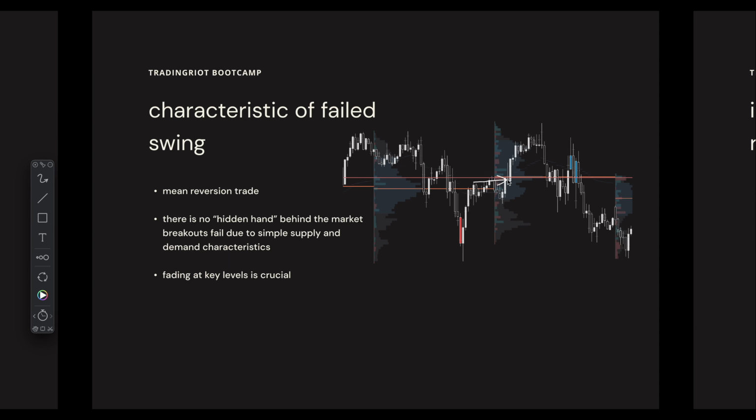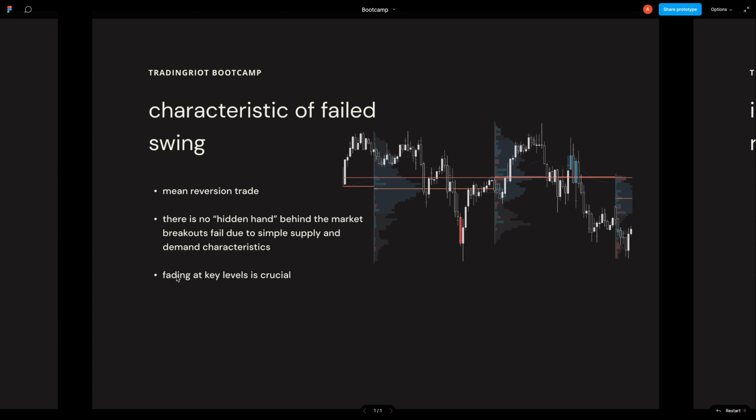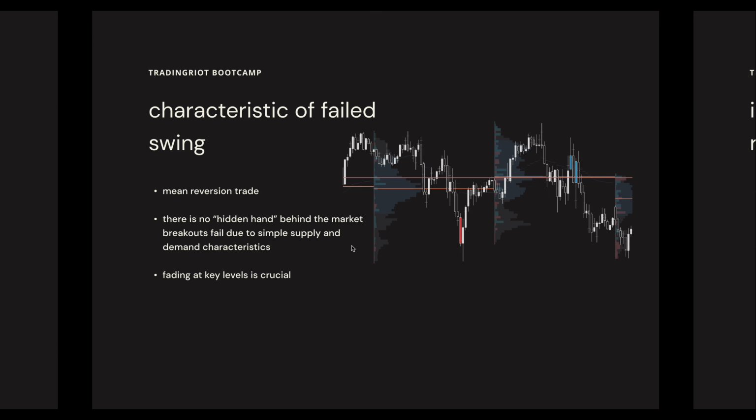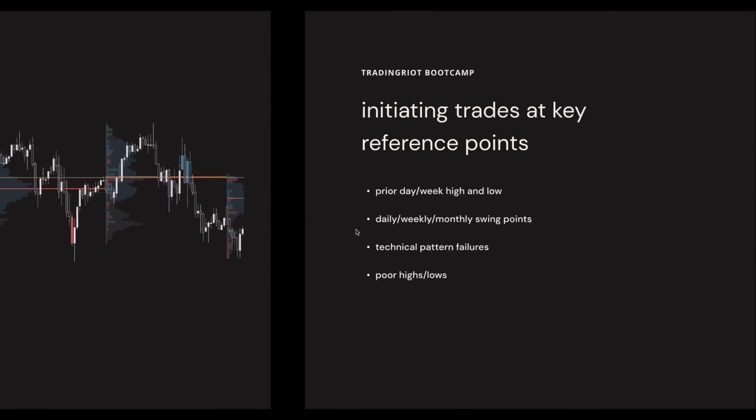You have a small failure here, for example, this candle that failed here. Like I said, they will happen often. A lot of candles will trade under or above the prior candle's swing point and then just close on the other side. Like I said, it doesn't mean you should be trading all of them. Picking the key ones is the way to do it.